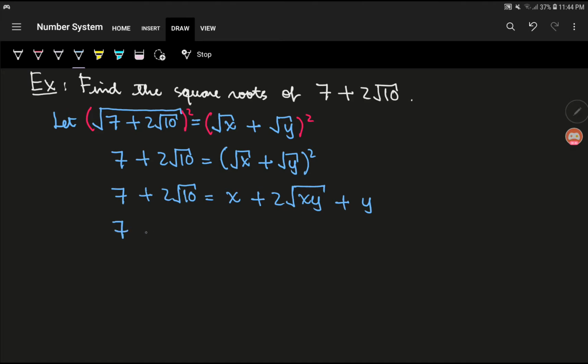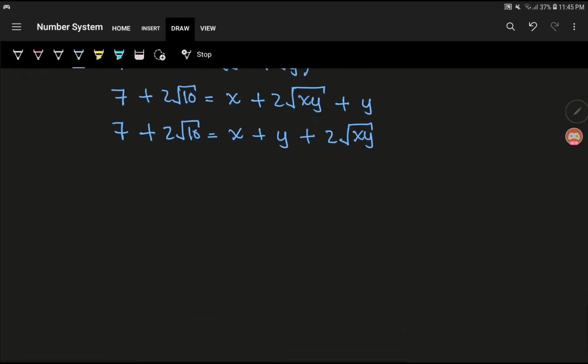So 7 plus 2√10 is now x plus y plus 2√(xy). Now what we can do is compare the terms of the left hand side and the right hand side.